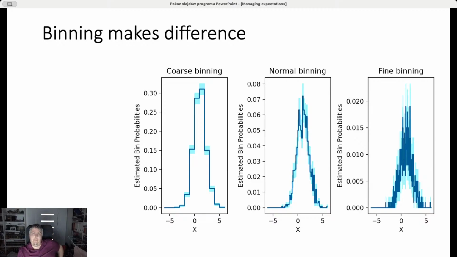First of all, if you remember from the lecture, the thinner the interval, the lower the probability of the event, the higher the uncertainty we have with a given number of samples. So if we take very fine bins, we will have a lot of noise in our histogram and very large uncertainty, because each of those events does not have enough samples to provide certainty about its behavior. If we take a small number of bins, then we have lower uncertainty, but a worse representation of our probability distribution.